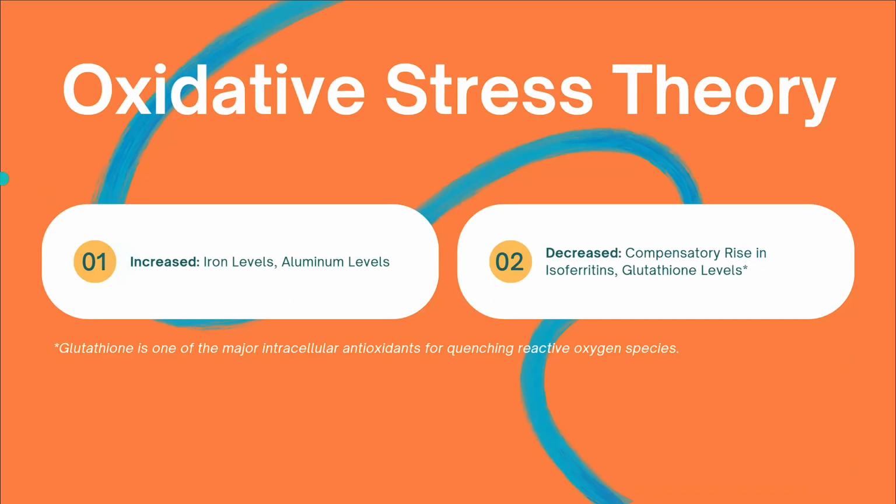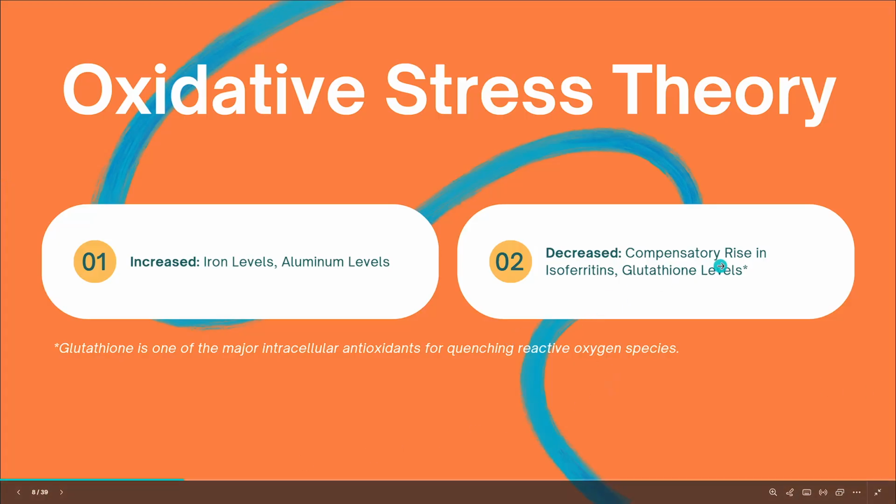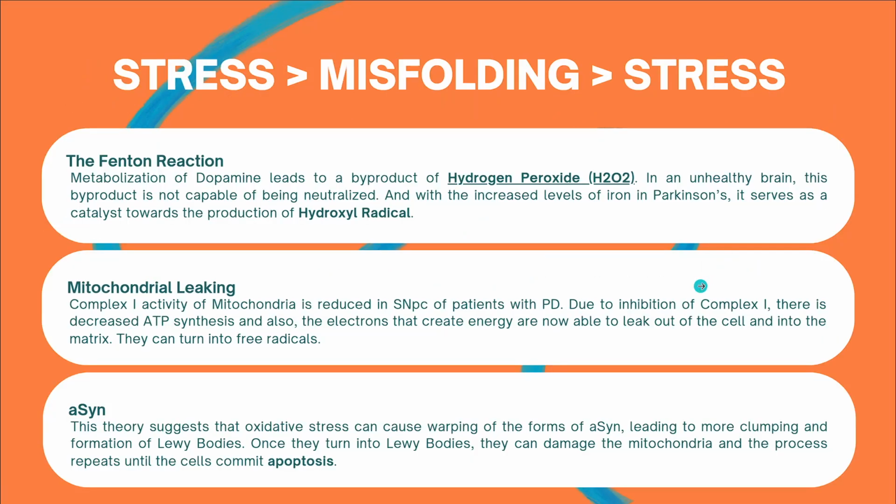So I hope this made sense. Oxidative stress theory can be a bit confusing, so I'm going to go over it quickly and try to explain it as simply as possible.